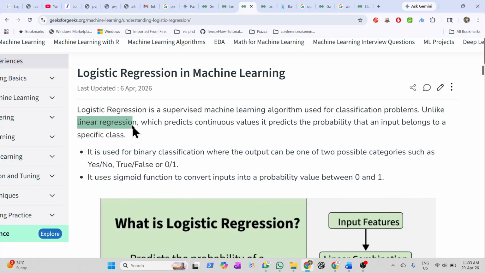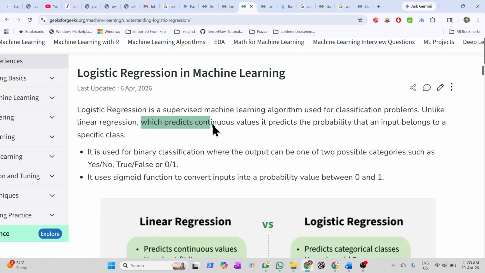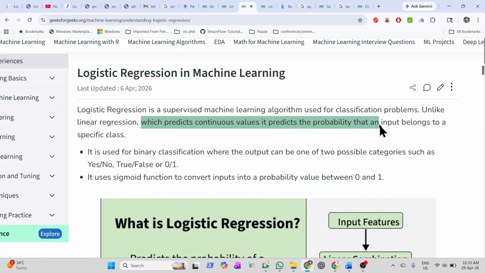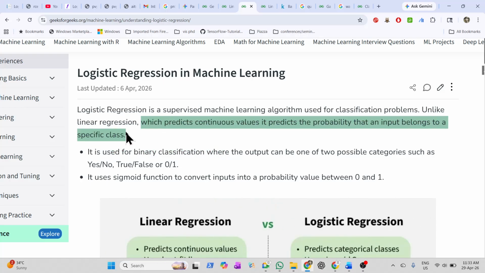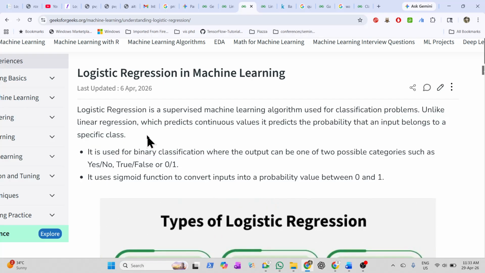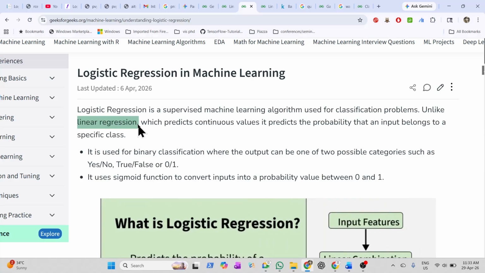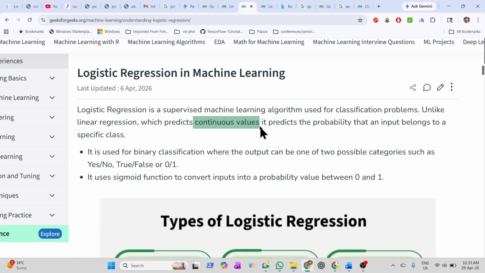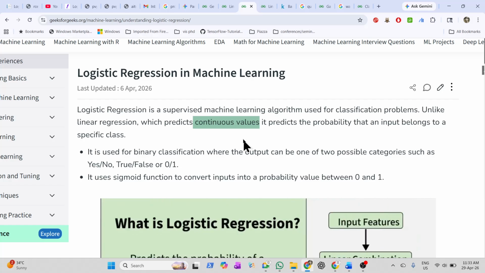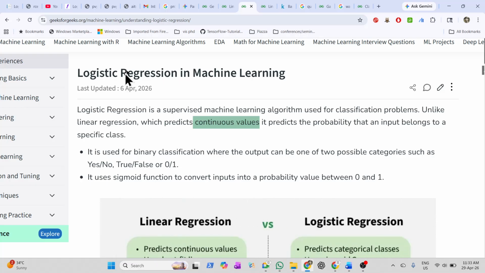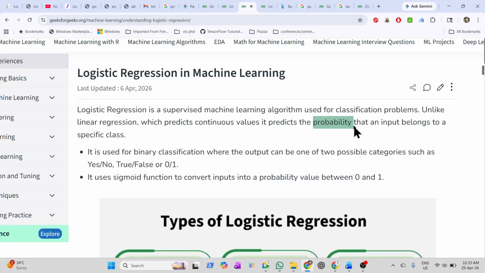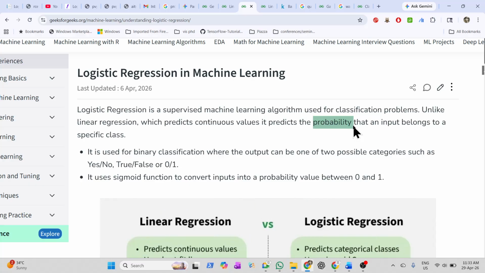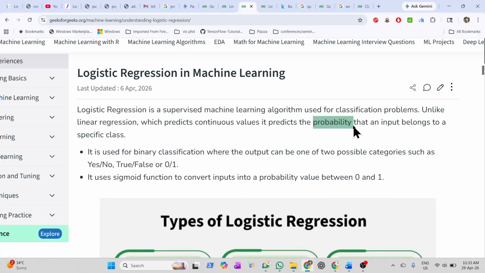Unlike linear regression, which predicts continuous values, it predicts the probability that an input belongs to a specific class. This is a very, very important point. Please note down, students. Linear regression is a regression technique which predicts a continuous value. In contrast to linear regression, logistic regression predicts a probability, and that probability indicates to which class the data point belongs.